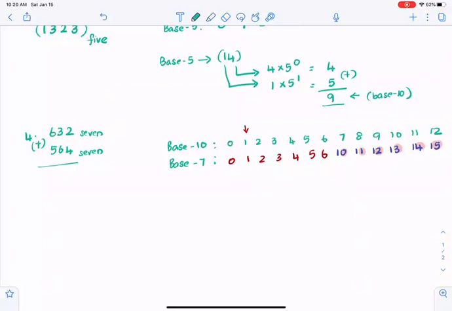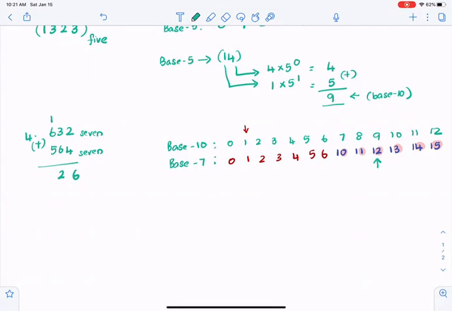So 2 plus 4 is 6, and it's well within our margin. So 6 is fine. 3 plus 6 is 9. 9 cannot be in base 7. So I go and look at it. 9 in base 10 corresponds to 12 in base 7. So 2 and 1.